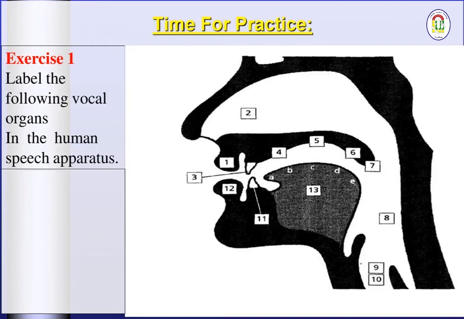Time for practice. Exercise number 1. Label the following vocal organs in the human speech apparatus. 1. Upper lip. 2. Nasal cavity. 3. Upper teeth. 4. Alveolar ridge. 5. Hard palate. 6. Soft palate. 7. Uvula. 8.